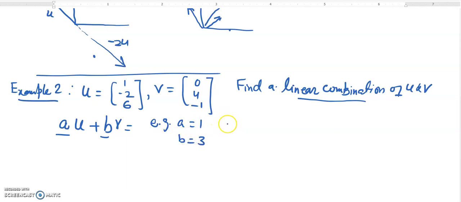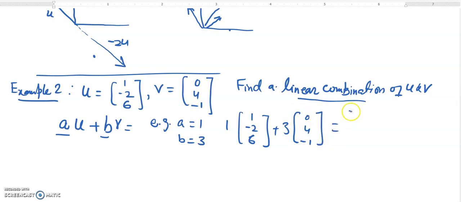So then 1 times (1, minus 2, 6) plus 3 times (0, 4, minus 1). That will be the linear combination of u and v. So it will be 1, and then minus 2 plus 12, that will be 10, and then minus 3 plus 6, that will be 3.